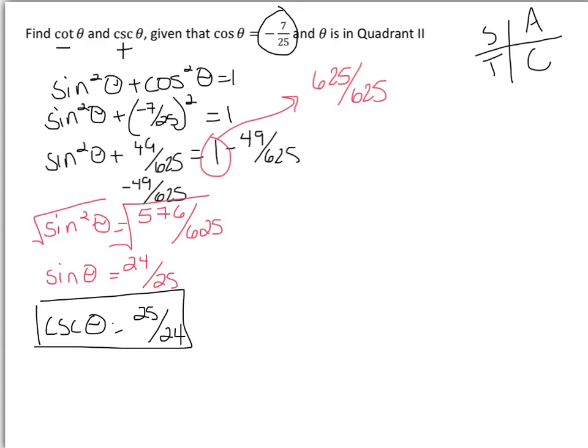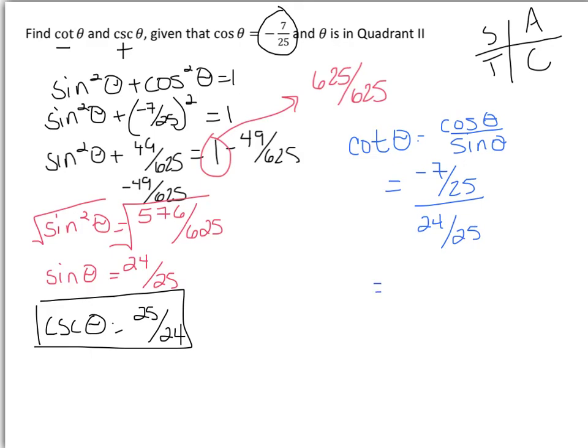The last thing I need to do is calculate the cotangent. Remember that cotangent is equal to the cosine over the sine. Well, I know that the cosine is negative 7/25. The sine is 24/25.